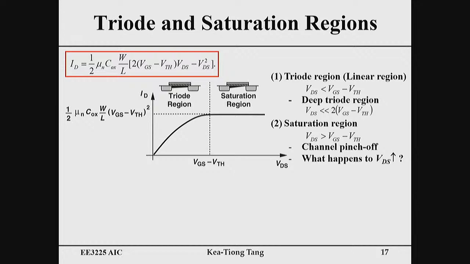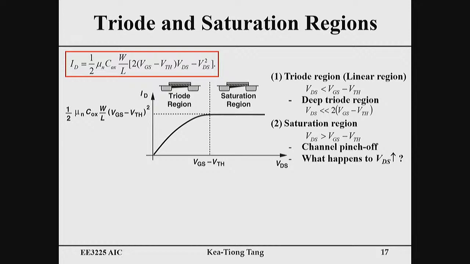When we increase the drain voltage, the drain current will increase, and then it will reach a maximum. And after this maximum, it will become a constant current source. Why is that? If you still remember, what is this point? This point is when VDS is equal to VGS minus VTH, right?